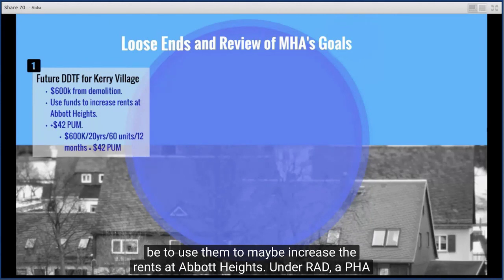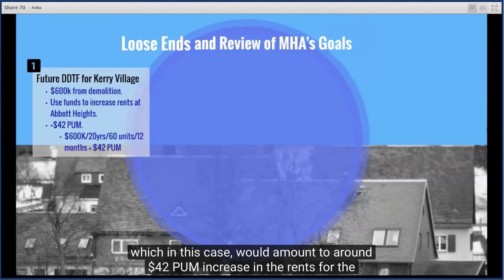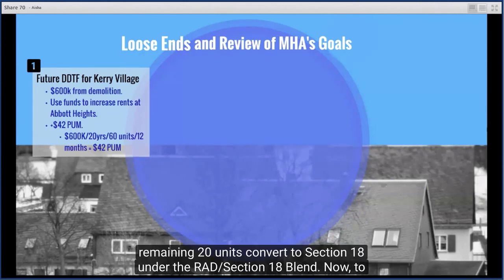Under RAD, a PHA can trade in future DDTF funds for a contract rent boost, which in this case would amount to around a $42 per UM increase in the rents for the 60 units at Abbott Heights that would be converting to RAD, assuming the remaining 20 units convert to Section 18 under the RAD Section 18 blend.